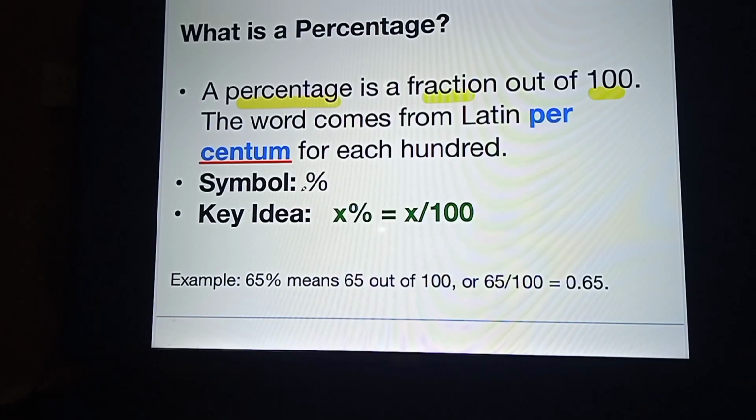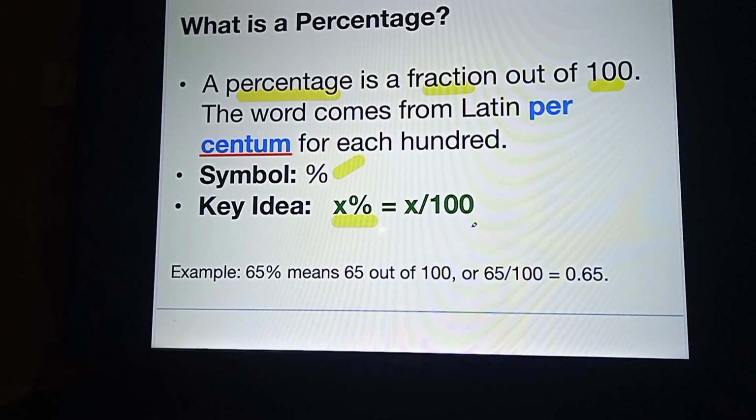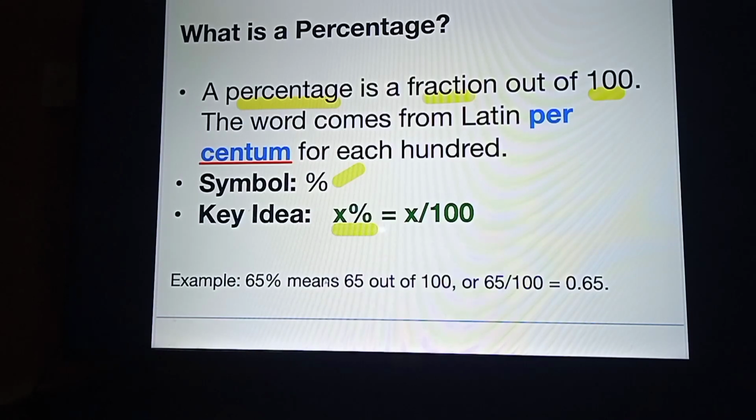The symbol of percentage is this, and its key idea is that an unknown value with a percentage means divide it by 100 or convert it into 100. Suppose this x is 65 here, that is x percent.